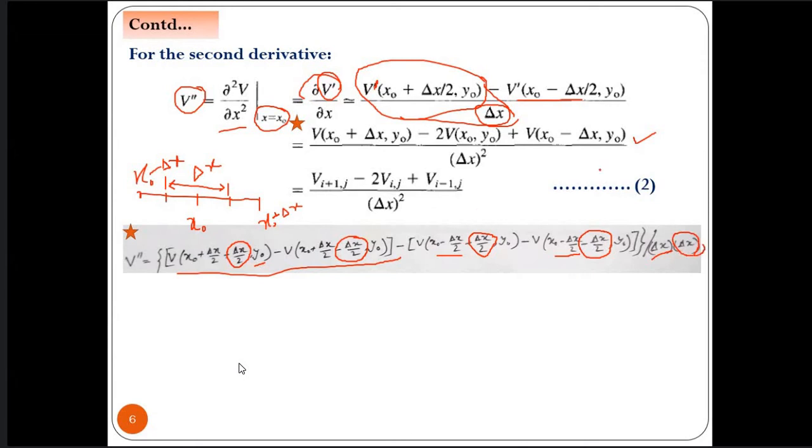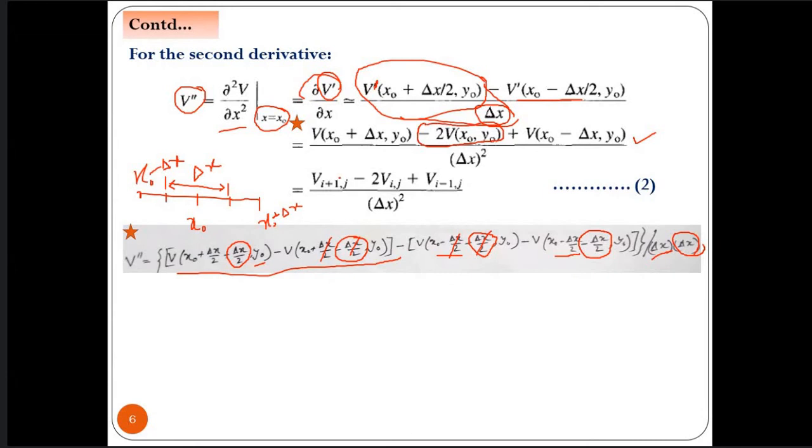Now if you simplify this, you see it will be x0 plus del x comma y0. This plus del x by 2 minus del x by 2 will cancel out. Similarly, this minus del x by 2 plus del x by 2 will cancel out. That means it becomes minus of v x0 comma y0. It also becomes minus of v x0 comma y0. If you combine these two, that will be minus 2 v x0 comma y0.